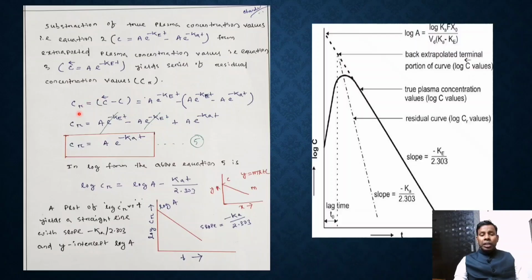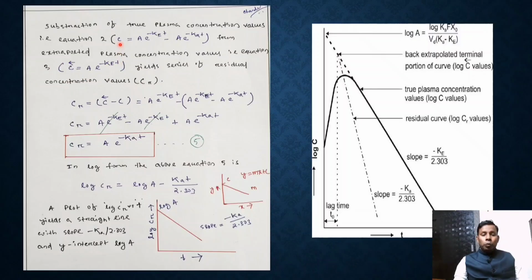So CR will be C back minus C. As we learned, equation 2 is C is equal to A e to the power minus Ket minus A e to the power minus Kat, and C back, equation number 3, is equal to A e to the power minus Ket.